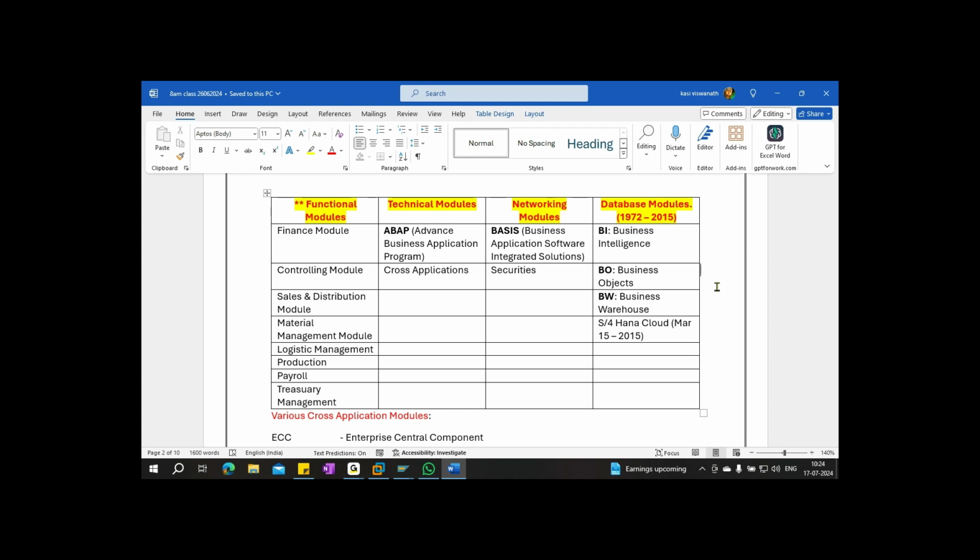Under functional, the first one is the finance module.